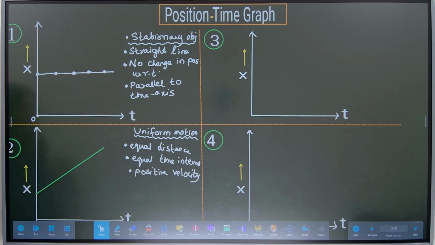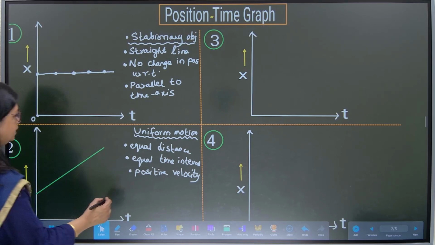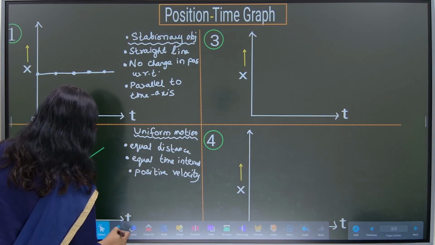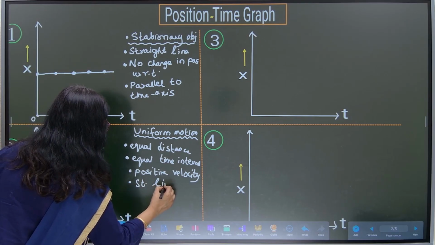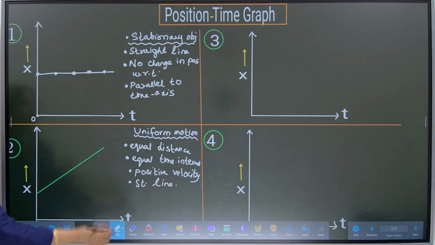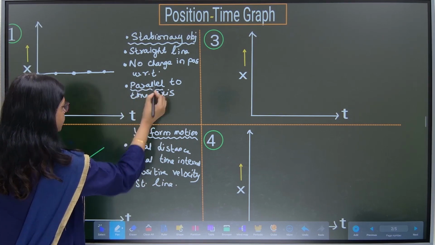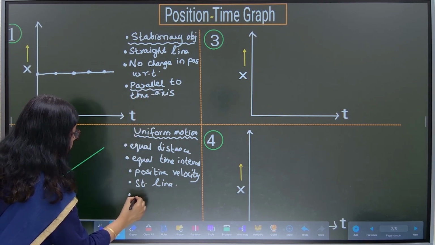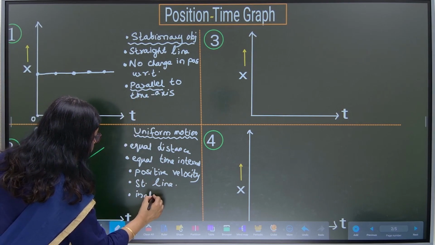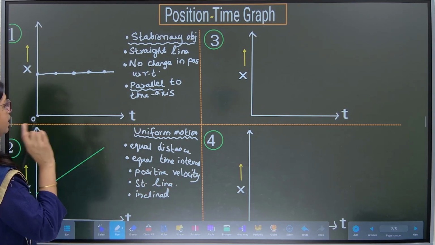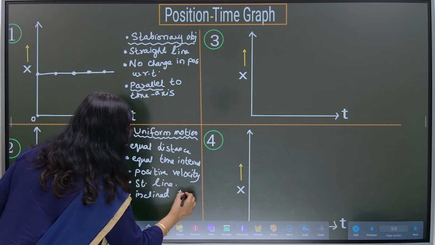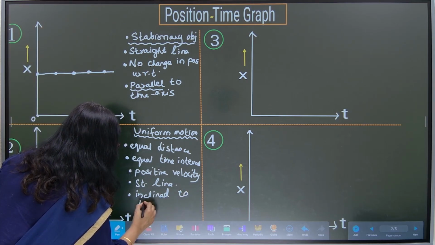Okay, so how is the graph? It is a straight line, and how is it? This was parallel. How is this? Inclined. Compare and study always. You will be in a better position to remember. Inclined to time axis.